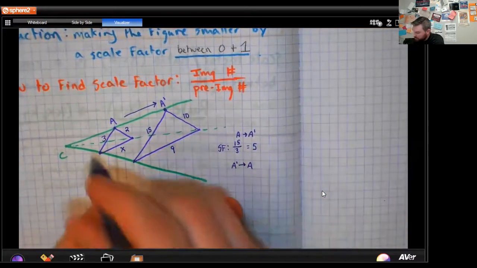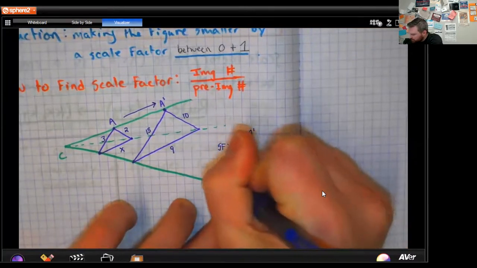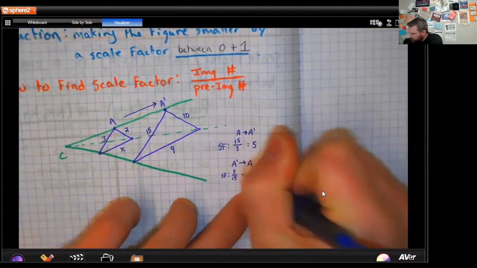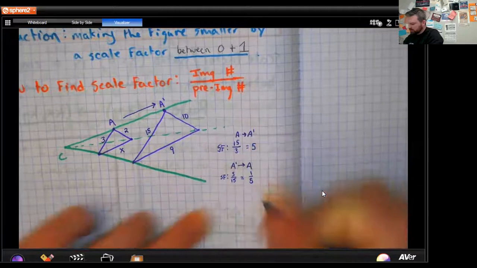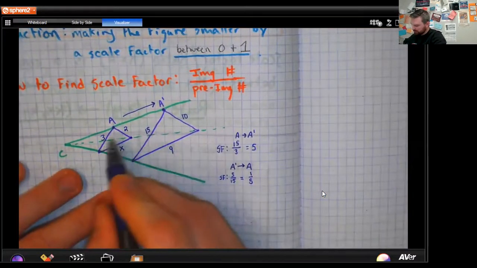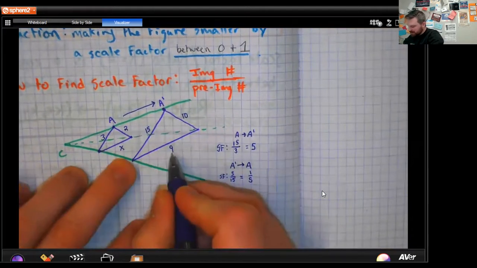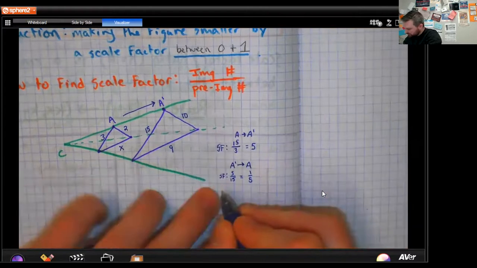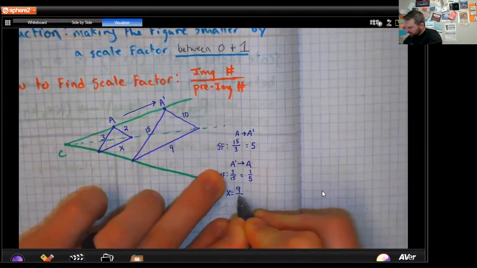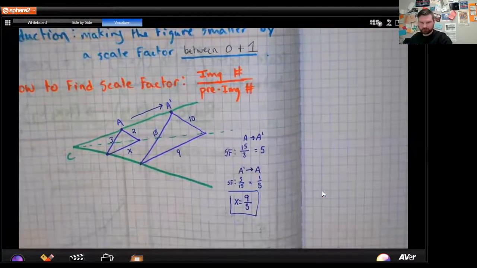It'd be 3 over 15. So this scale factor would be 3 over 15, which is 1/5. So going from here to here, you divide by 5. 15 divided by 5 is 3. 10 divided by 5 is 2. 9 divided by 5, so x equals 9 over 5. That doesn't reduce, so we would just leave it.